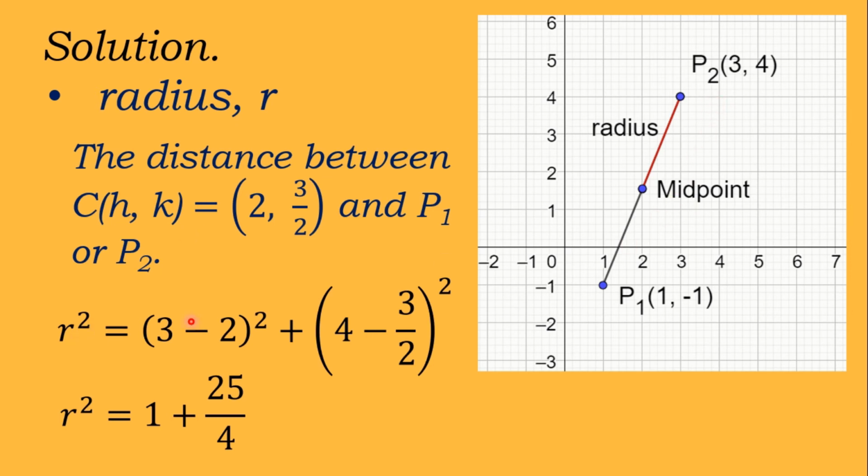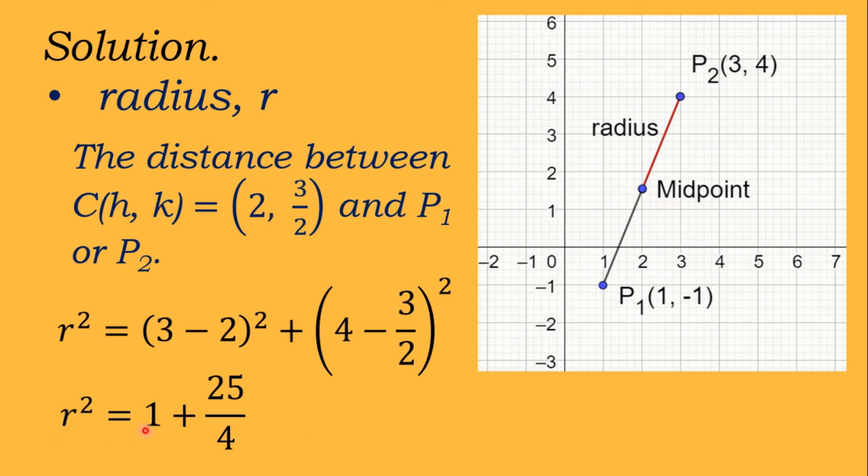That is, the distance between P sub 2 and the center 2, 3 halves is 3 minus 2, where 3 is the x-coordinate of P sub 2, 2 is the x-coordinate of the center, and 4 minus 3 halves is taken from 4, the y-coordinate of P sub 2, subtracted by the k value of the center.